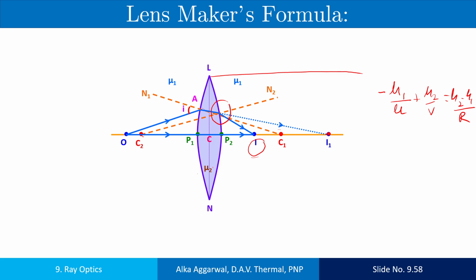Now for this surface, the refraction is from denser to rarer, so in place of mu1 we use mu2.